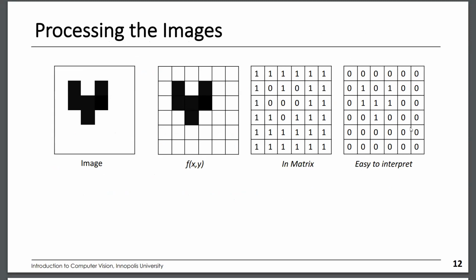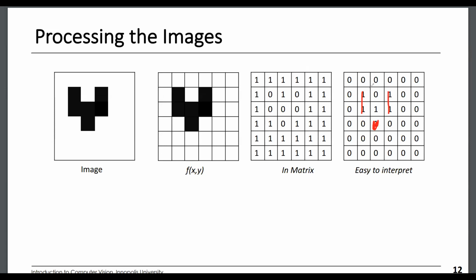In this case, you can see that we have 1, 1, 1, 1, 1, 1. Again, if we use the 4 connected components, we will have 1, 1, and this is another component. So these are 3 components. But if we use the 8 connected components, all of them are going to merge together.